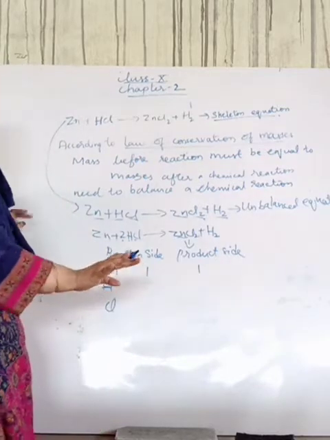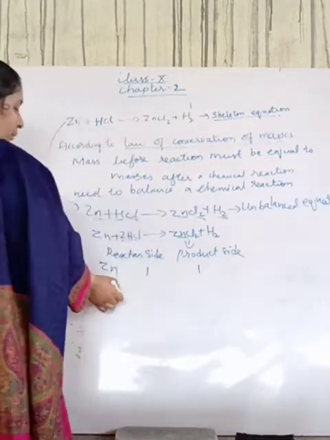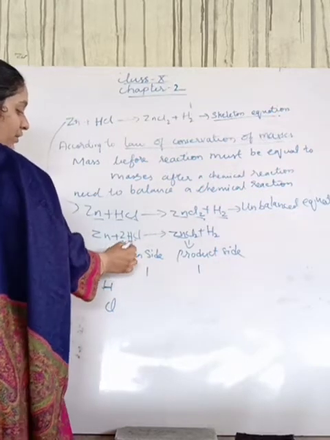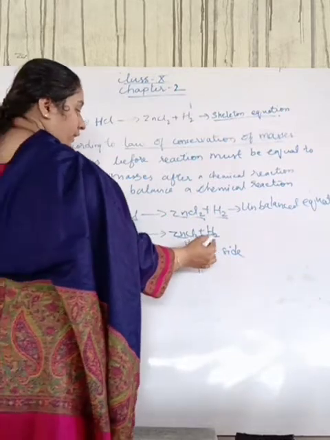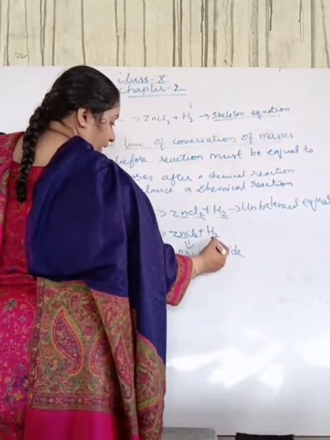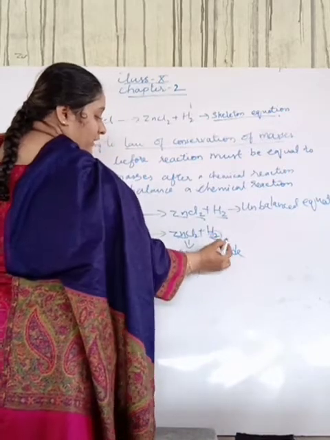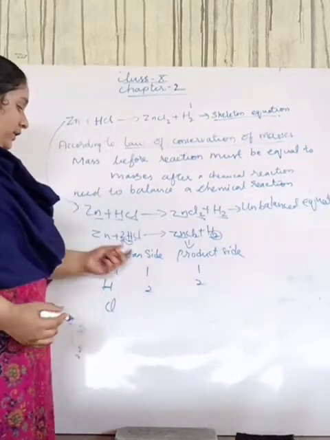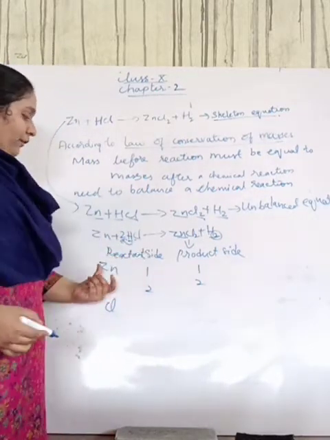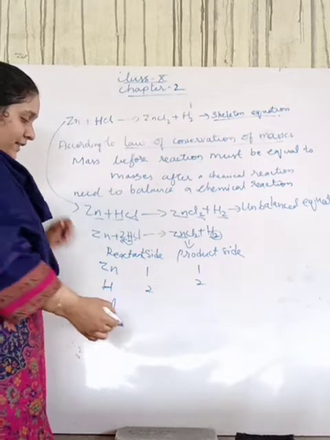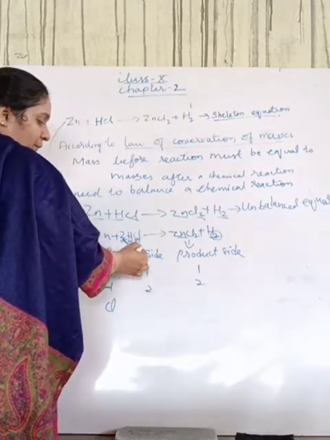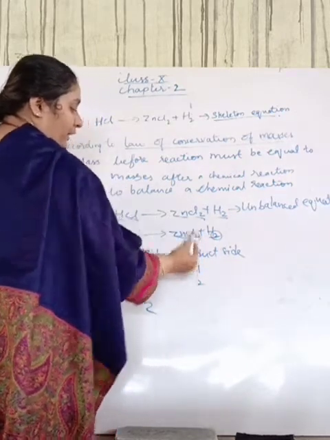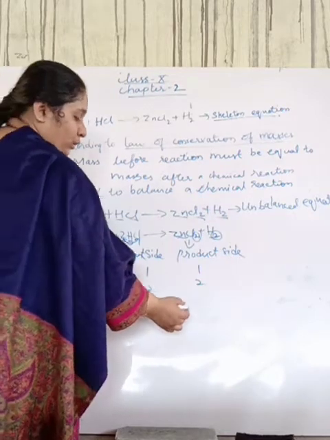Nothing is written means you should write it as 1. Now the number of atoms on the reactant side for hydrogen is 2, and the number of atoms on the product side for hydrogen, with the subscript 2, is also 2. Now again, the number of atoms of chlorine on the reactant side: the 2 is applicable for chlorine also, so this is 2, and the number of atoms on the product side for chlorine is again 2.